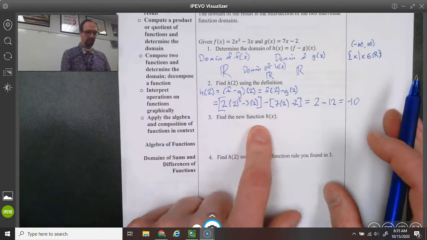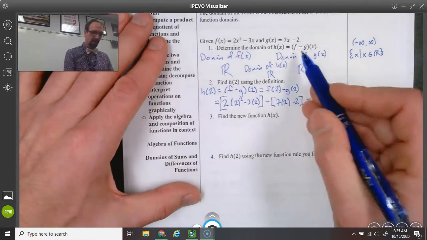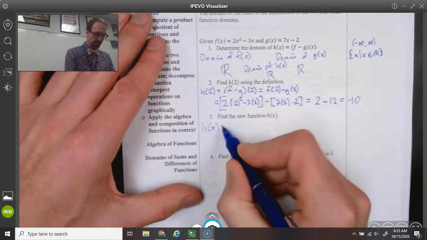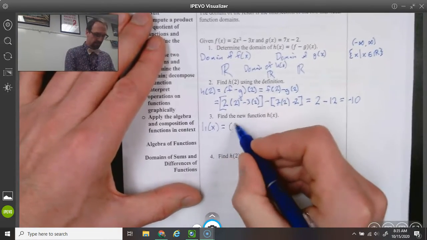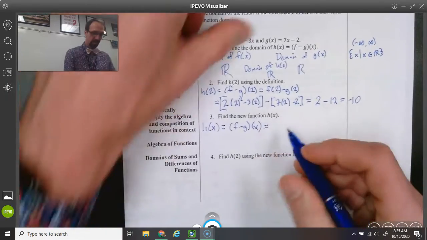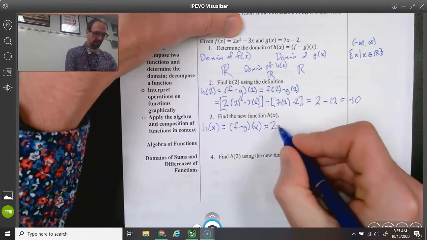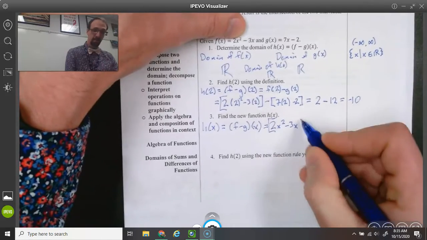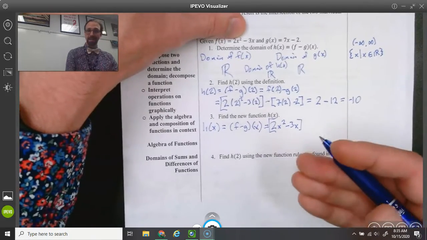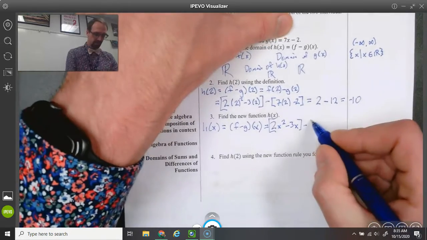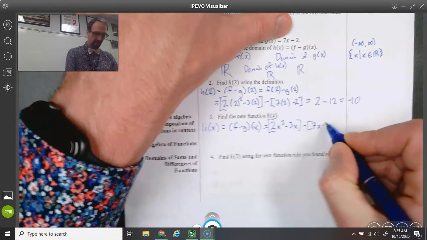So let's find the new function h of x. So now we're going to say if it's f minus g, so h of x is equal to f minus g of x, then what we can do is take 2x squared minus 3x, again with a bracket here to show that we're grouping, minus, and then g of x, 7x minus 2.